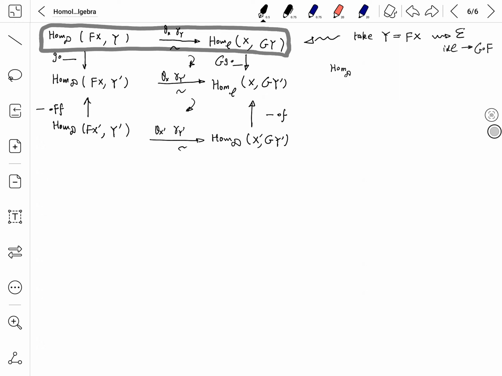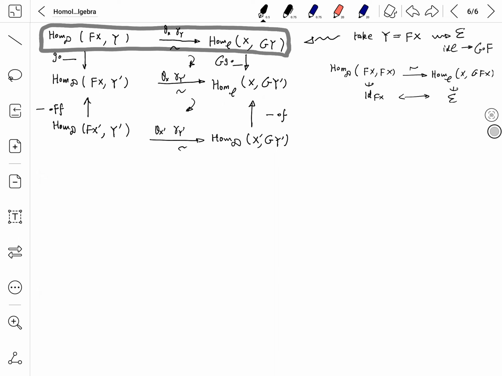Basically, I only told you I got a morphism. I haven't really checked it's a natural transformation. So from this first row, particularly here you have this identity, and this is bijective to some element here, and let me call it epsilon.